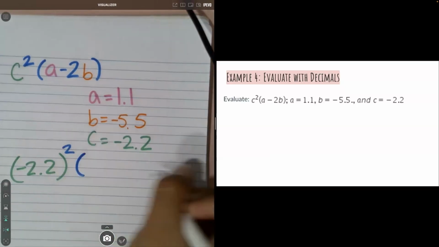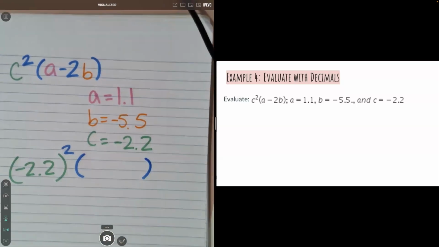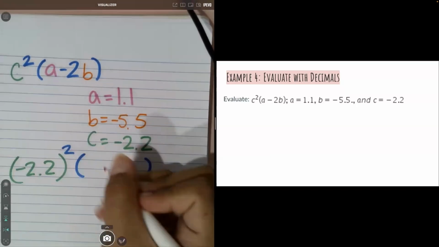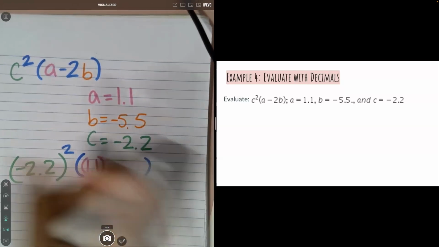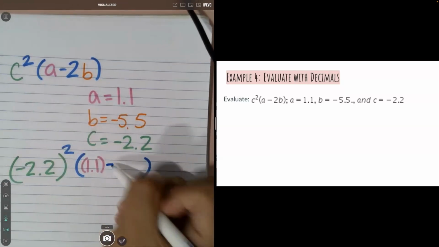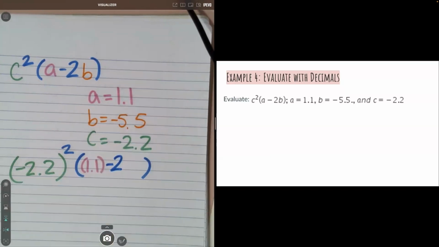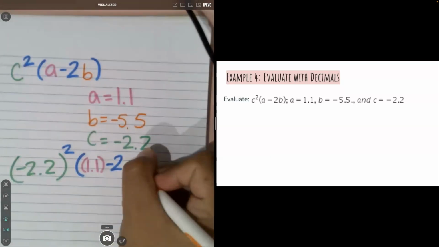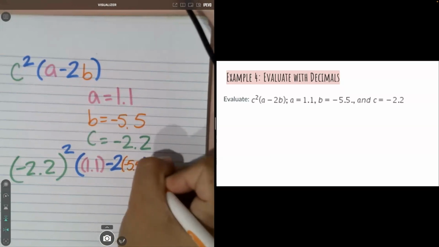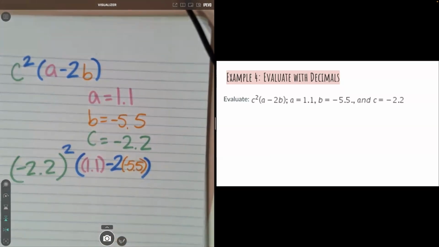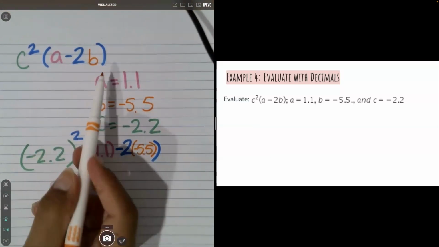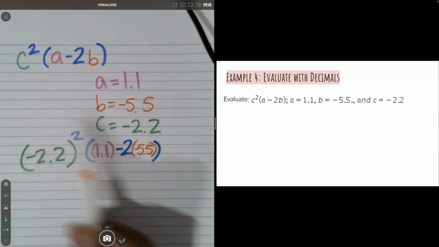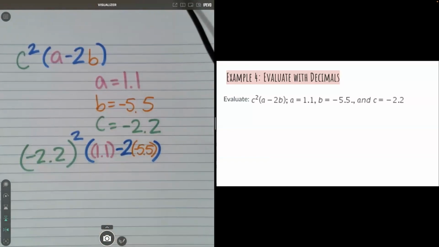And then in parentheses, I have to plug in my value for A minus 2 times my value for B. So 1.1 minus 2 times my value for B, which is negative 5.5.